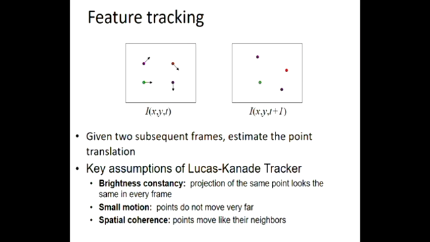Another assumption is small motion, so points don't move very far. A third is spatial coherence, which means that points move like their neighbors. So it's not that every pixel is moving completely randomly. If some pixel moves 3 pixels to the right between frames, then its neighbor will probably also move about 3 pixels to the right.